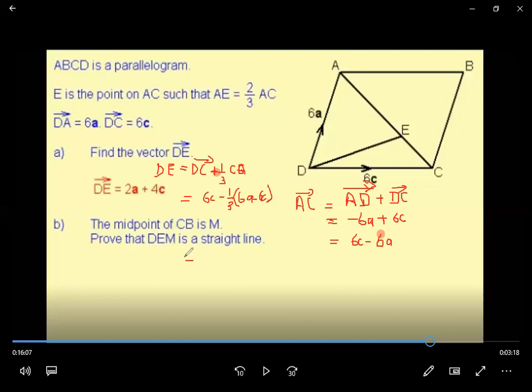And when we do that, we get 6c plus 2c minus 2a... which is equal to 2a plus 4c.